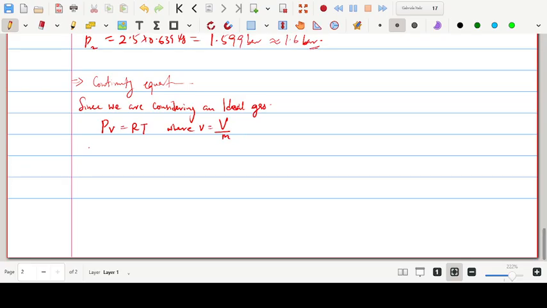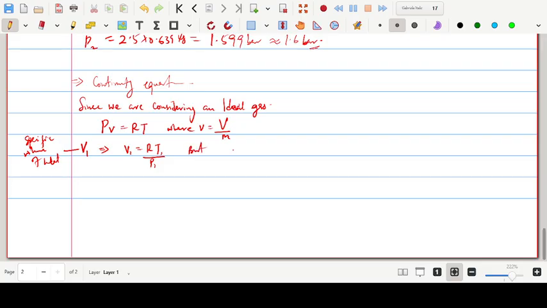So in that case, let us look for the specific volume of the inlet. Using this formula, anything associated to the inlet will be P1, V1 and the likes. You understand? So to look for the specific volume of the inlet, we are going to have V1 equals RT1 over P1.